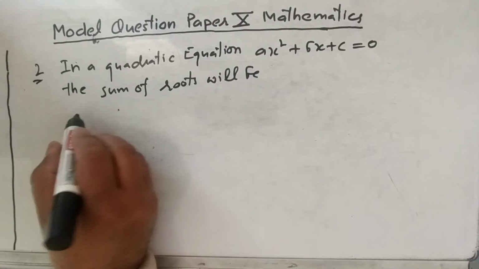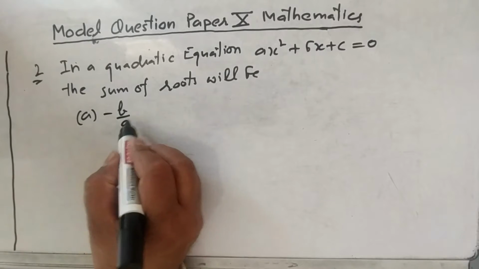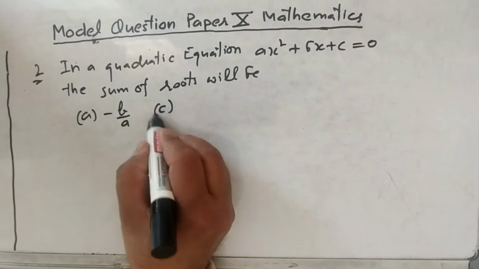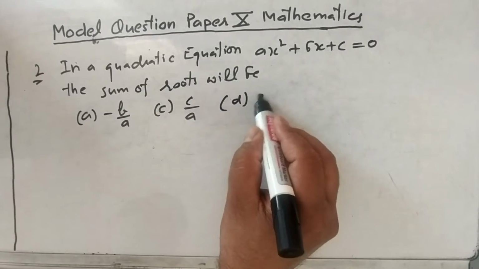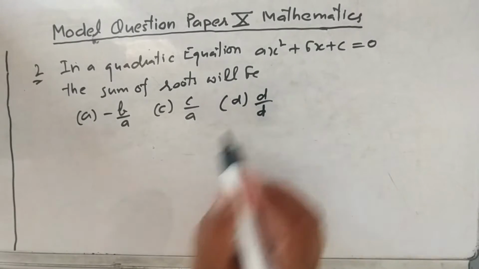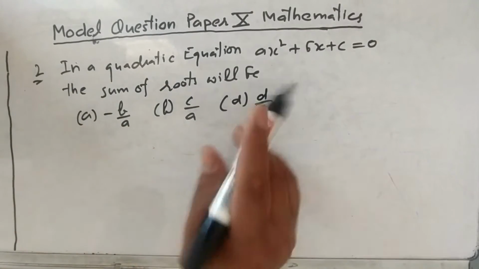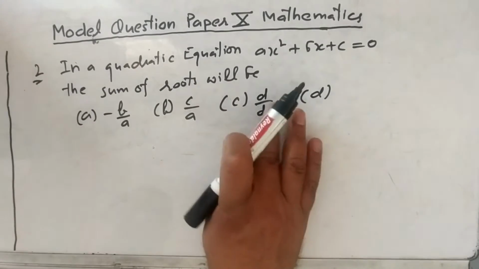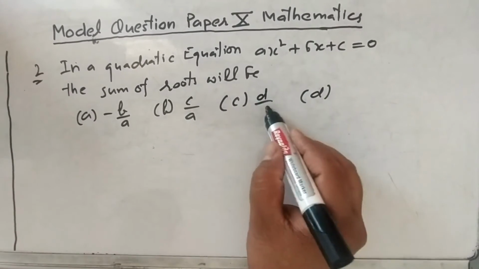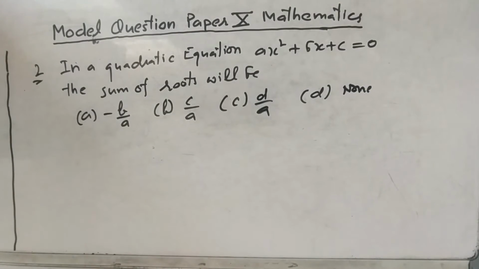Here in this case, your first part is minus b upon a, second part is c upon a, third part is d upon a, and the D part is none. Okay, so this is the question.